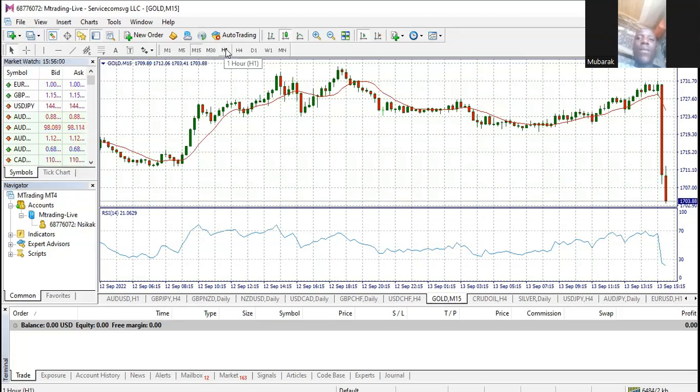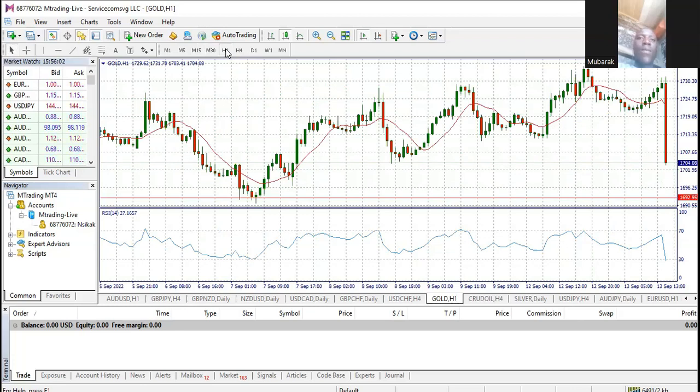Let's see how far this will go. And this market is really crazy. It took about 2 weeks to move from here to here, and it's taking one day to move from here down here.